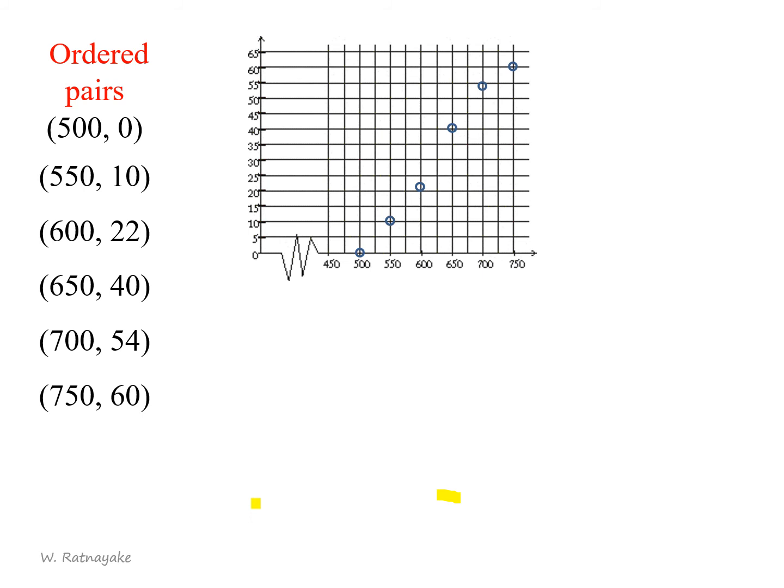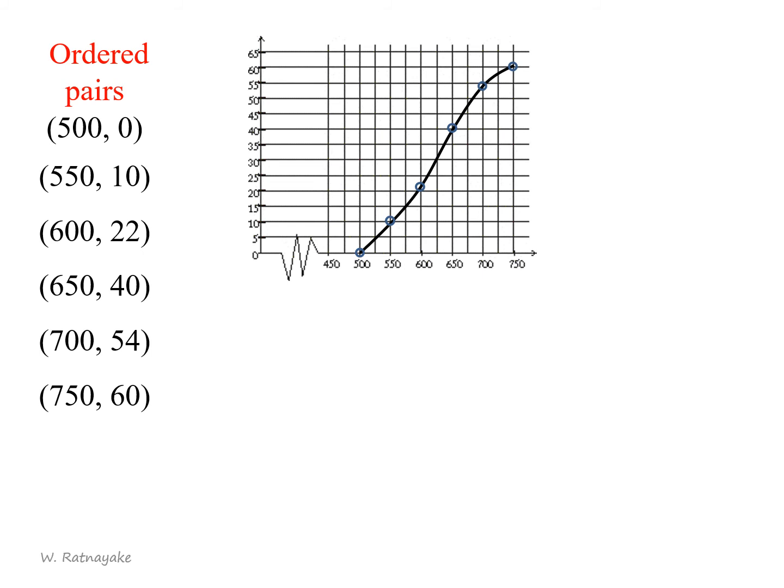It should be a continuous curve, so we have to draw it very, very carefully. It will be like this. So this is the cumulative frequency curve according to the given information in the problem.